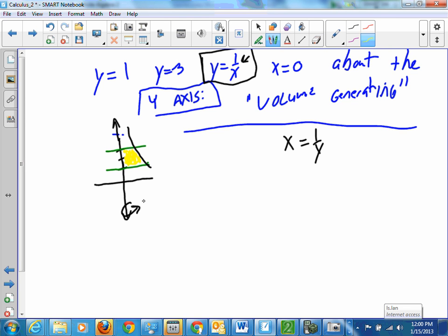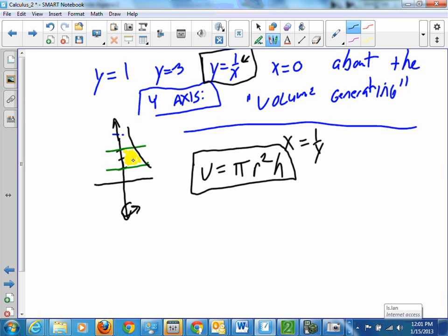Now, if it's going about the y-axis, remember the volume formula is what we're eventually getting ourselves into. In general, pi r squared times the height is the volume of a cylinder. So in this case, we think of the radius as being the distance from the y-axis to this curve.